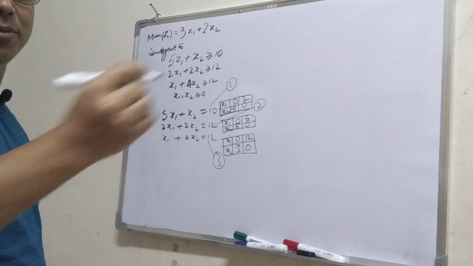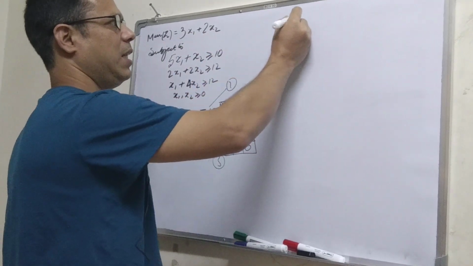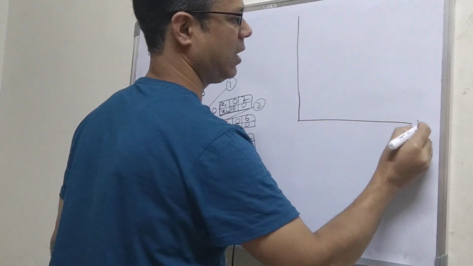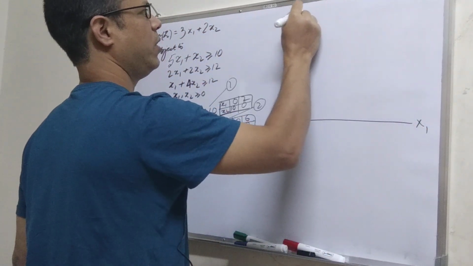The next step is to draw the graph on x and y, which we consider as x1 and x2.